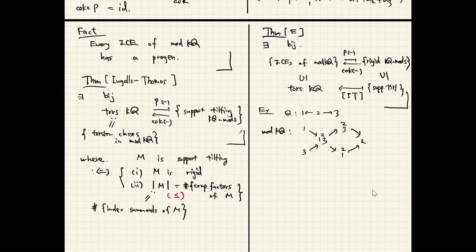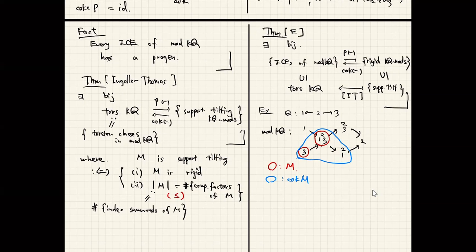And for example, consider these modules. Then it's a rigid module. We can check that there is no extension. Actually, this is because they are projective modules. And then by taking the COK operator, we have this subcategory because this module is a cokernel of this map.